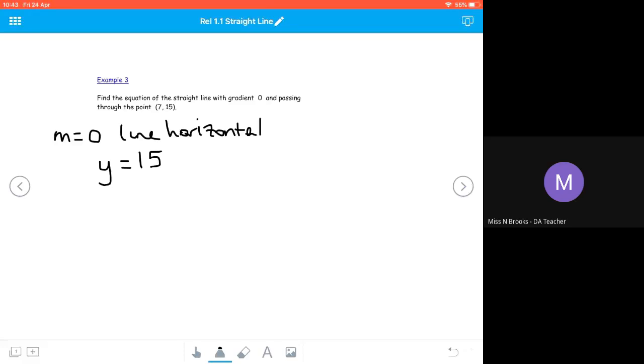Now, if you don't remember that fact for horizontal lines, you can still use your y equals mx plus c. So if we say y equals mx plus c, we've got m equals 0, we've got x equals 7, and we've got y equals 15. So if we substitute that in, we've got 15 equals 0 multiplied by 7 plus c.